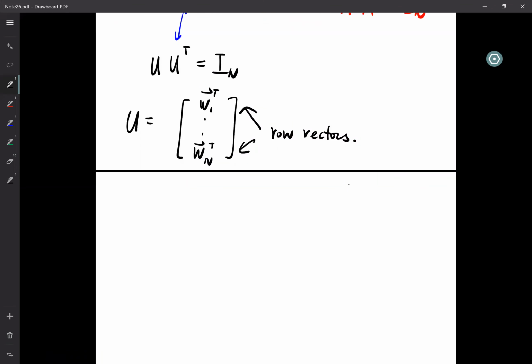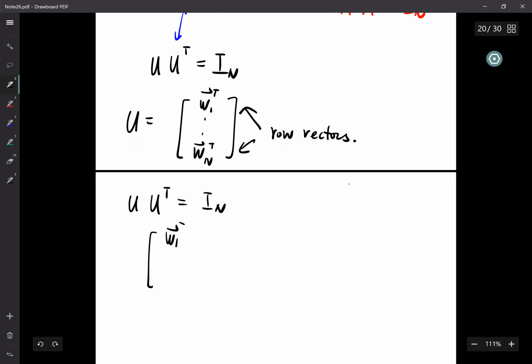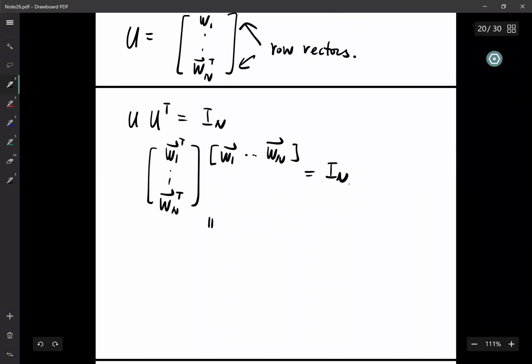So here we have U times U transpose equal to identity. This means W1 transpose, Wn transpose times W1 to Wn, this is identity. And therefore, you can write it in the same way as we had before.